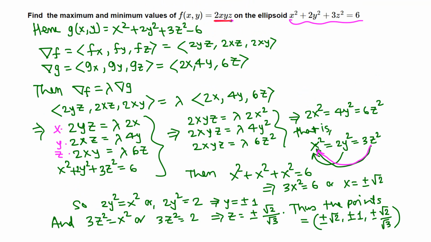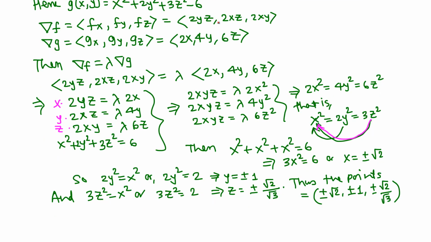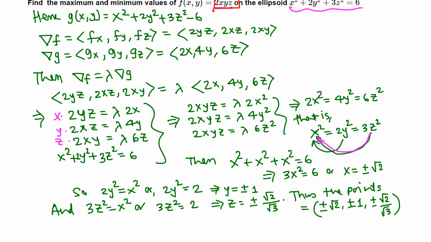We are trying to find the maximum and minimum of 2xyz. If we plug in all positives, then the value will be positive, that's the maximum. And if we plug in all negatives, then negative times negative times negative will be negative, and that will be the minimum.